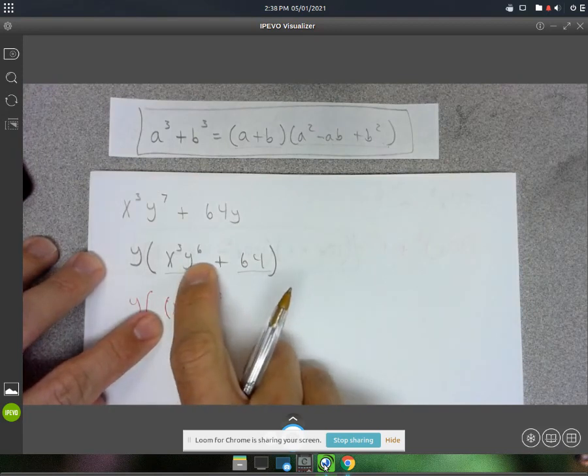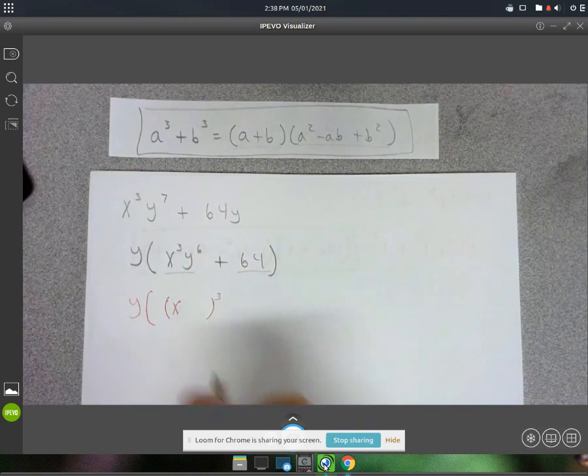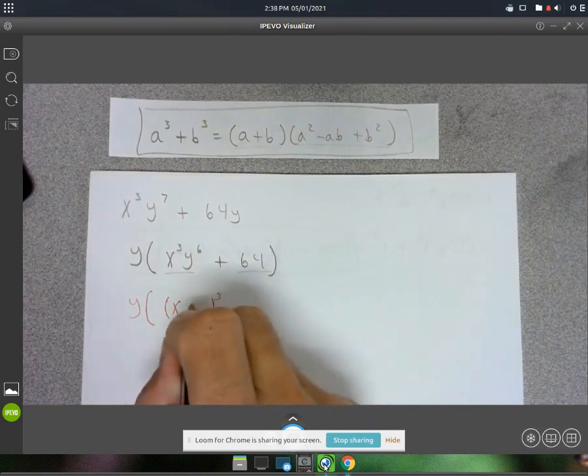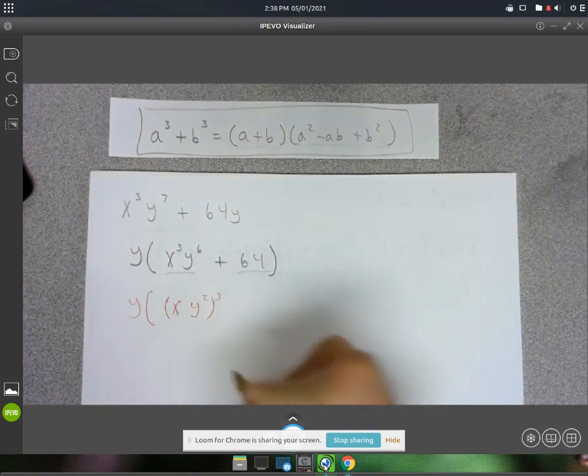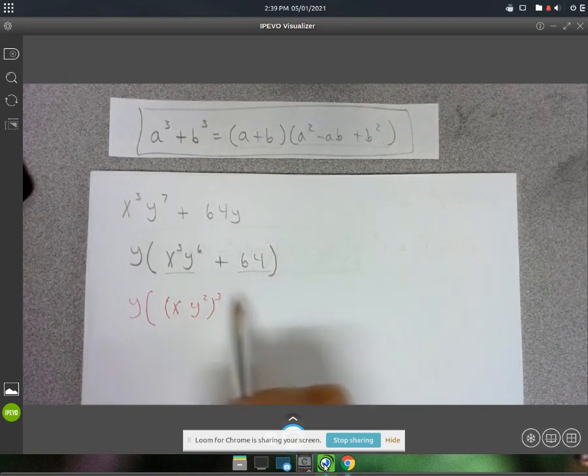And then we saw the 6th power earlier. So all we do here is we divide this number by 3, and that tells us what our exponent is down here. So it was y to the 2nd. So the idea is that y to the 2nd times y to the 2nd times y to the 2nd will give you y to the 6th. Or, a power to a power, you multiply those exponents.